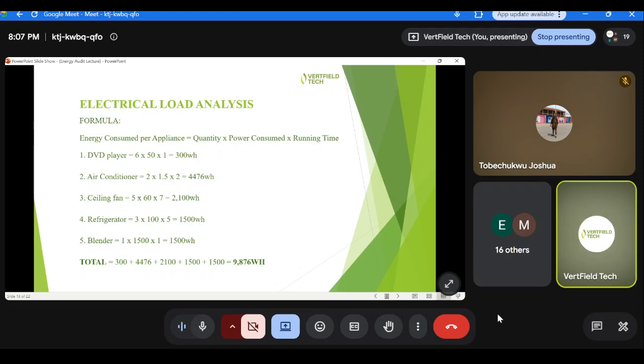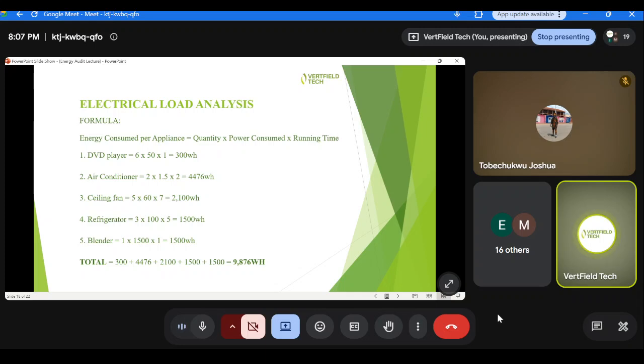For the ceiling fan, 5 multiplied by 60 by 7 gives you 2,100 watt hour. For the refrigerator, 3 multiplied by 100 by 5 gives you 1500 watt hour. For the blender, 1 multiplied by 1500 by 1 gives you 1500 watt hour.